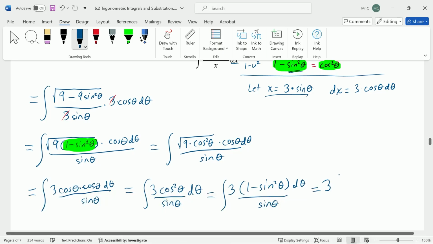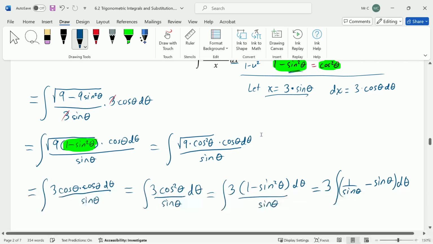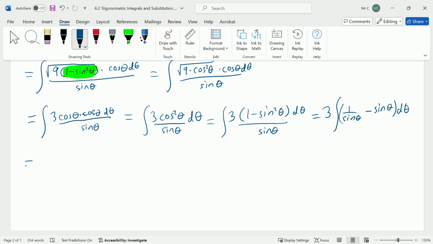So I pull that 3 out of my integral, and then I have 1 over sine of theta minus sine squared over sine of theta, which is just sine of theta, d theta. And 1 over sine of theta is cosecant of theta minus sine of theta d theta.